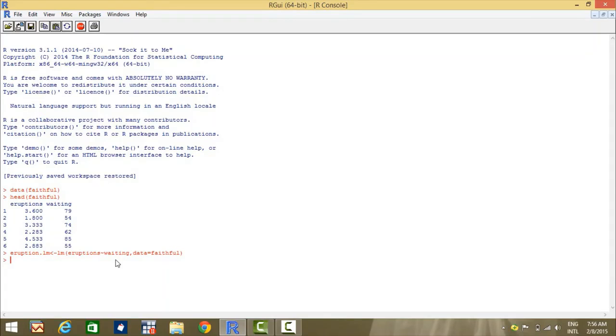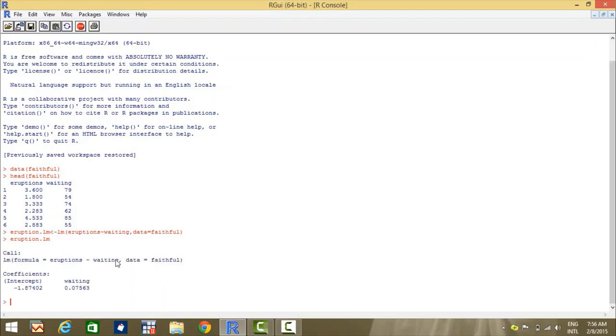So the linear regression model has been fitted and we can look at the result. The coefficient values which the model has received: the intercept is minus 1.8 and the coefficient of the explanatory variable waiting is 0.07.